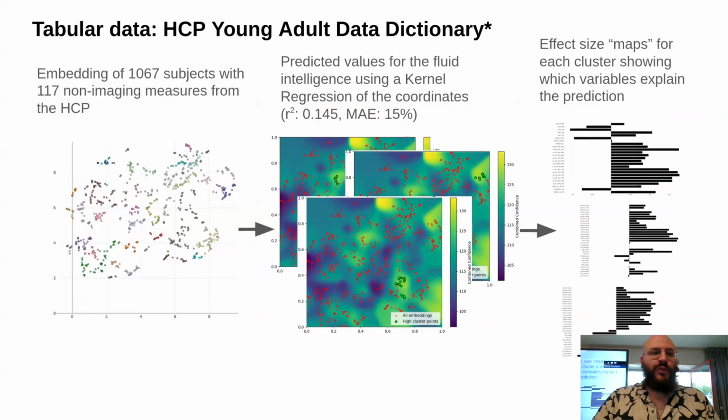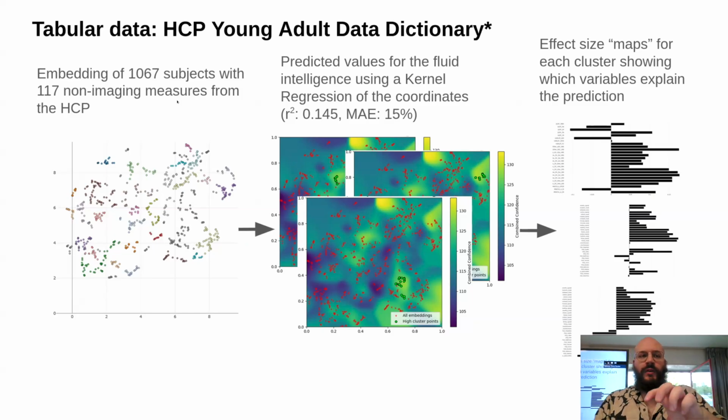And also, another example of data that is not neuroimaging, it's the HCP young adult data. I just took the phenotypical data. So it's a spreadsheet with 117 non-imaging measures.